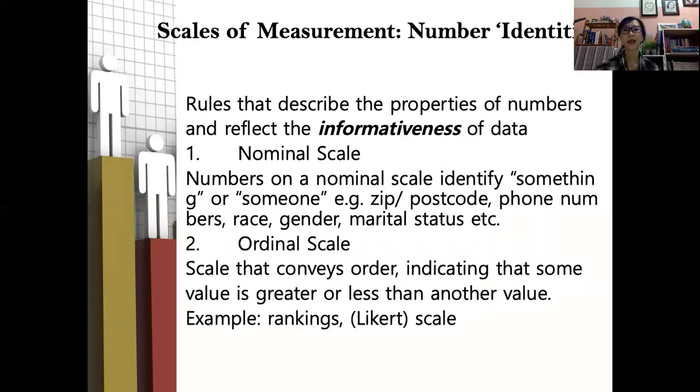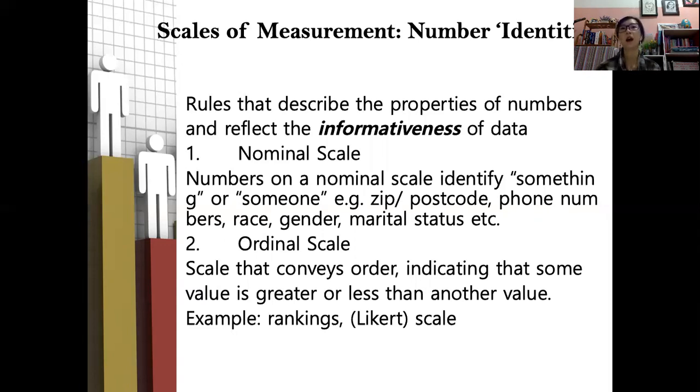Now, what is the next important concept that we have to know? The next important concept is what we call the scales of measurement, or the number identities. This is very important. Why? Because our data for quantitative research, which are going to be analyzed by using statistics, are in the form of numbers.